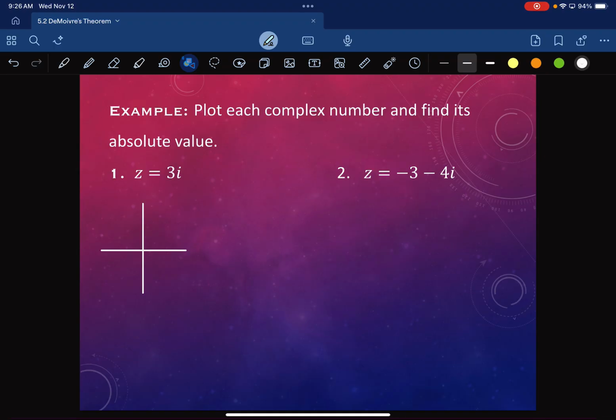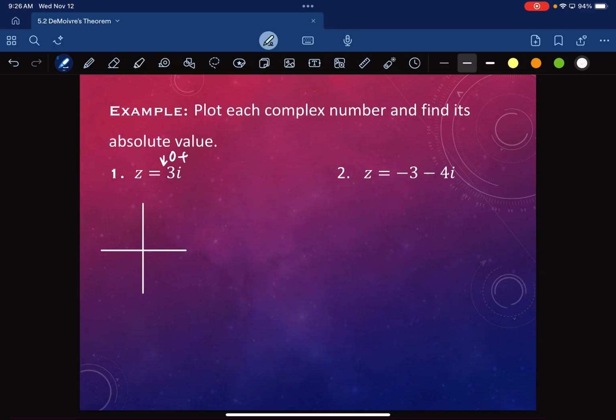It's 0. So there's an understood 0 plus, oh, sorry about that, change my pen. 0 plus in front of the 3i, true? Yeah, there it is. So there is no real number component. It does not move left or right on the horizontal axis. But there is an imaginary component. It's the number 3, right? The number in front of the i is 3.